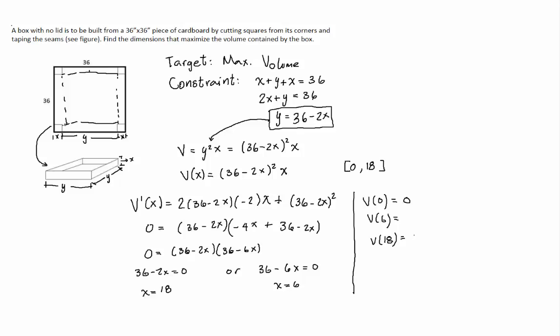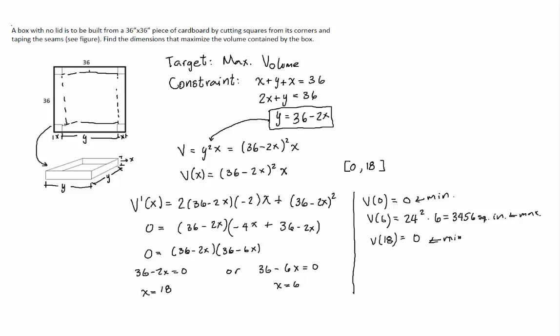So 0 times 18, that's still 0. Here we would have 36 minus 12, that's going to be 24 squared times 6. Let me calculate it real quick. So I get that. Certainly this is a minimum, absolute minimum. This is a minimum, and this is a max. Absolute, all of them are absolute, absolute max.